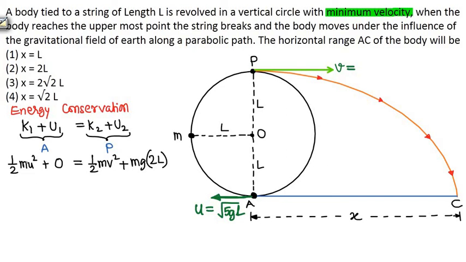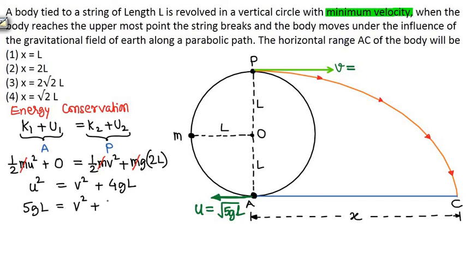After this, divide the whole equation by mass m. Now multiply the entire equation by 2, and you get this.